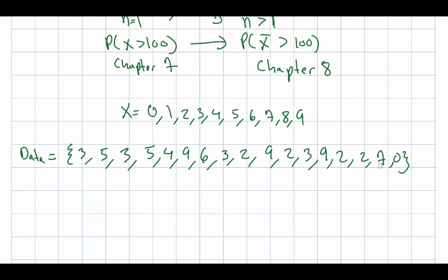So I want to see what this looks like in a histogram. Let's go to our calculator and draw a histogram, since we should know how to do a histogram.